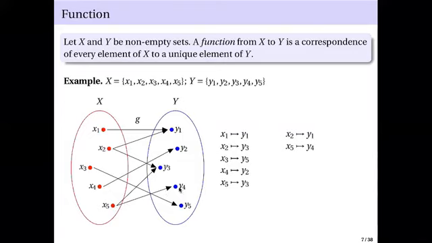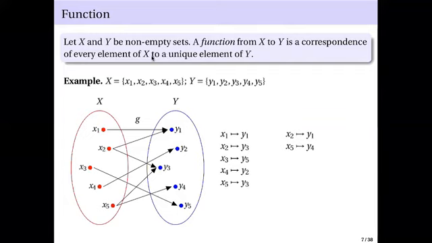Now, the first condition here is that every element of x must have a partner in y. So you have your x1, x2, x3, x4, x5. They have partners in y.